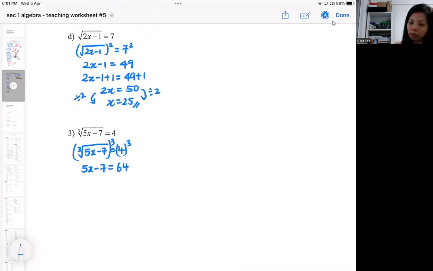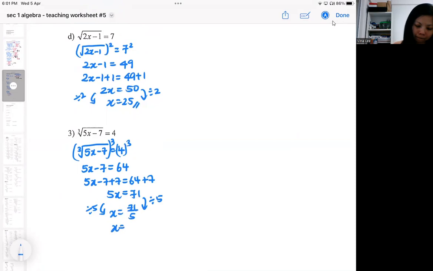Once you free up the algebra that's inside, you repeat your method. You do the +7 on both sides, then you divide by 5 on both sides, and that will be your answer.